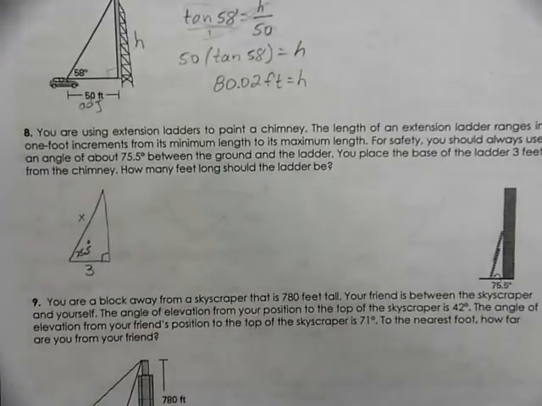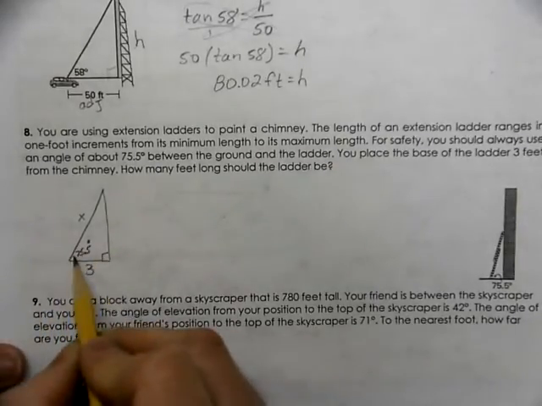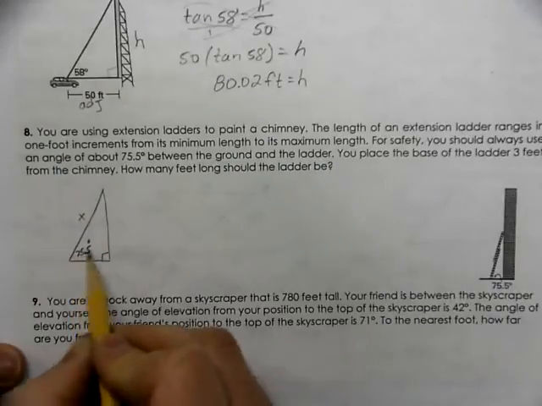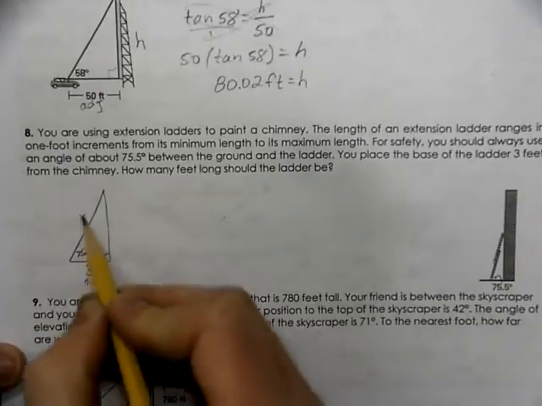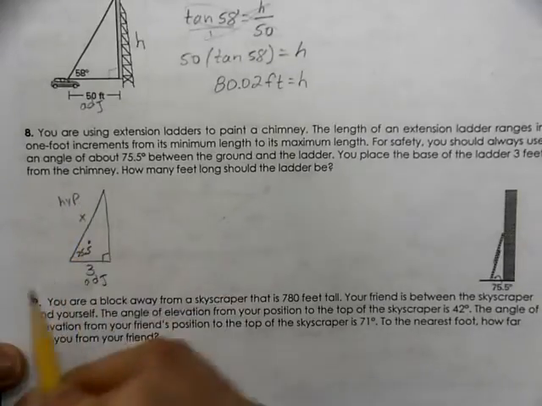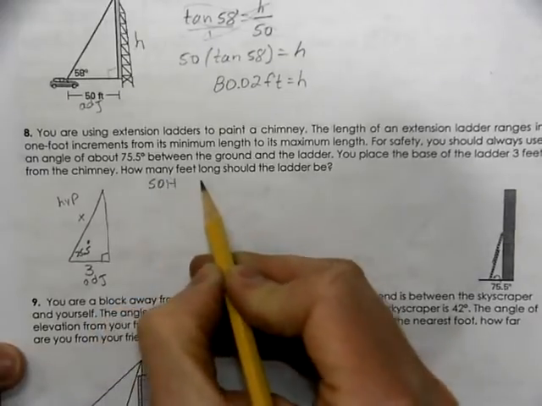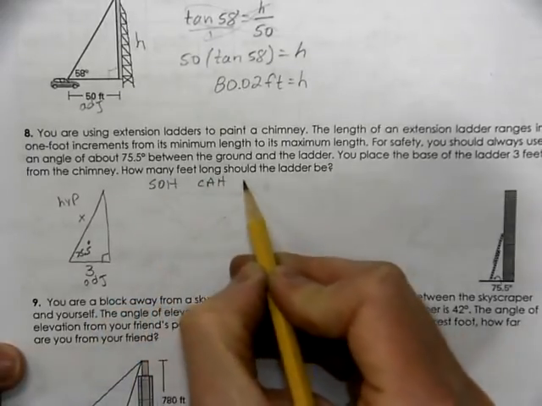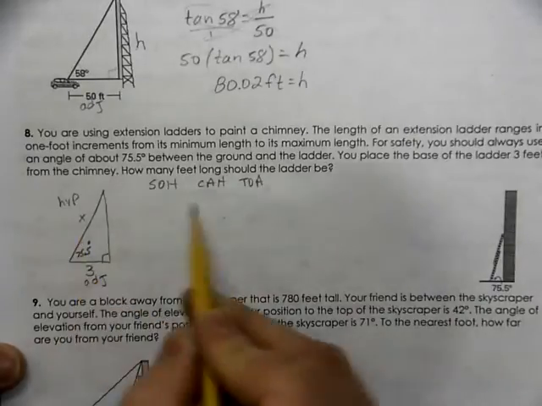So you got to understand what the question is before you can ever answer it. You got to know where the information is that you're working with. From the 75 degree point of view, 3 is adjacent and the x is the hypotenuse. So thinking of SOH CAH TOA, we're going to use adjacent over hypotenuse.